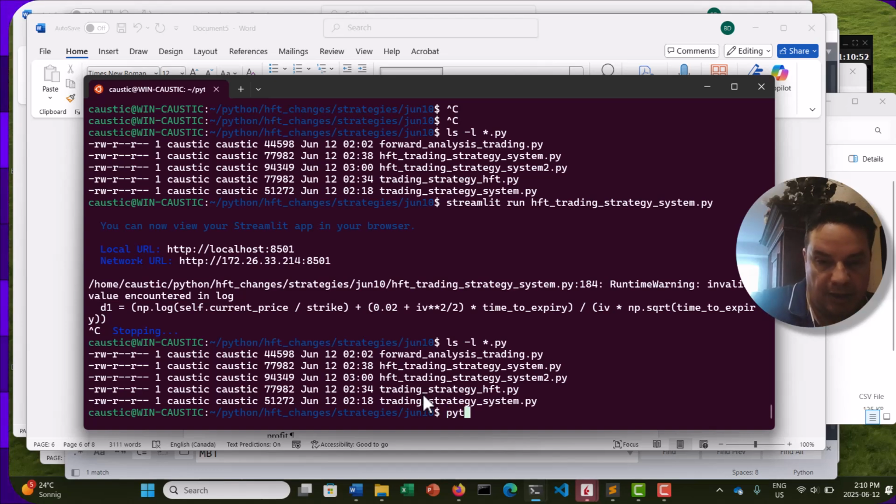So let's take a look at some of these options here. We have Streamlit, and then we run, let's say, this first one here. The other thing I want to highlight is that I've asked the AI to generate the same set of strategies, but one is medium frequency and the other is high frequency trading.